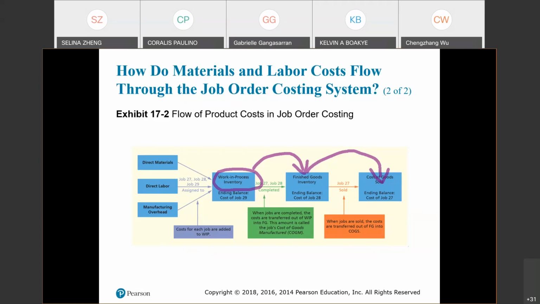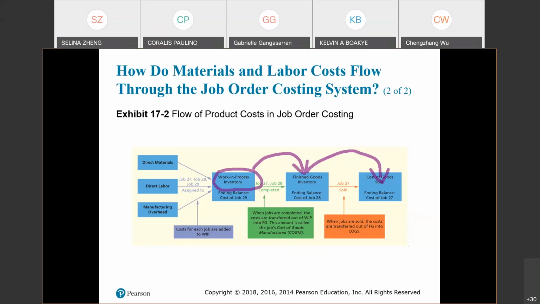The company worked on many jobs in addition to these 3 jobs during the year. In this slide, please notice that job 27 and 28 were completed, and their costs were transferred from WIP to FG, from work in process to finished goods.